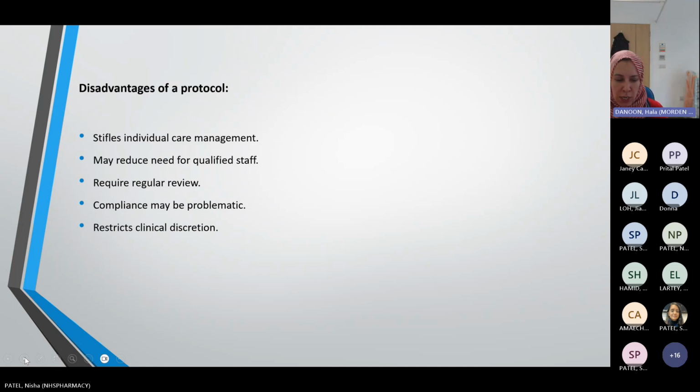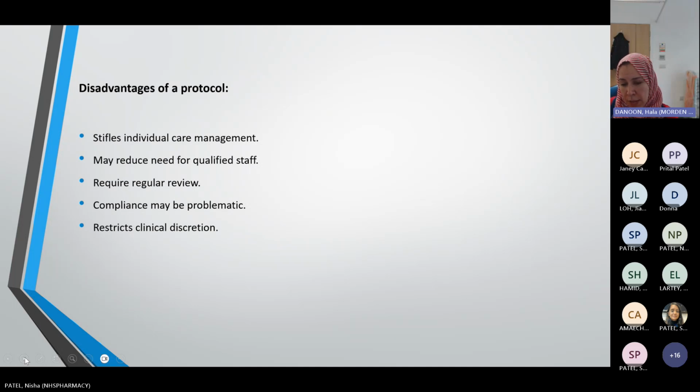If everybody works on it, it means that I don't need somebody with a specific qualification. They only need to follow this protocol. It definitely needs regular reviews because things change. Compliance may be problematic for different people for different reasons. It can restrict clinical discretion as well.